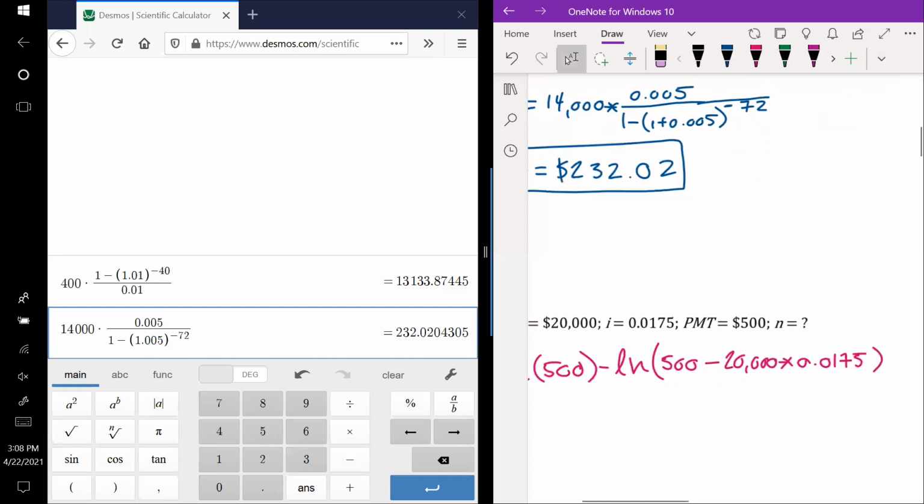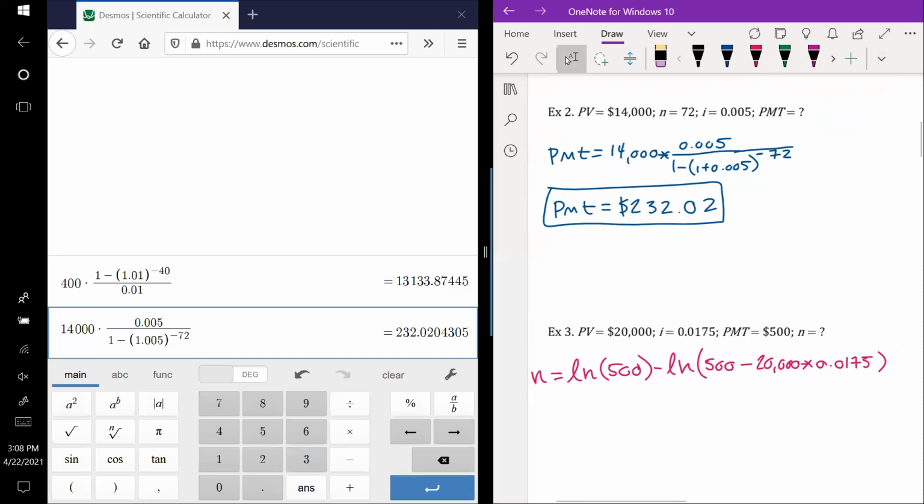All right. And then we put that all over the natural log of 1 plus I.